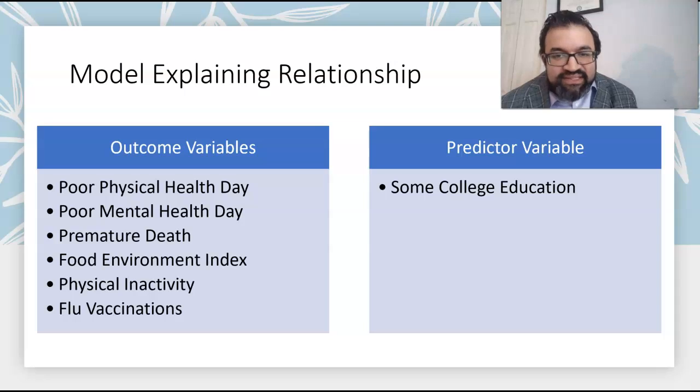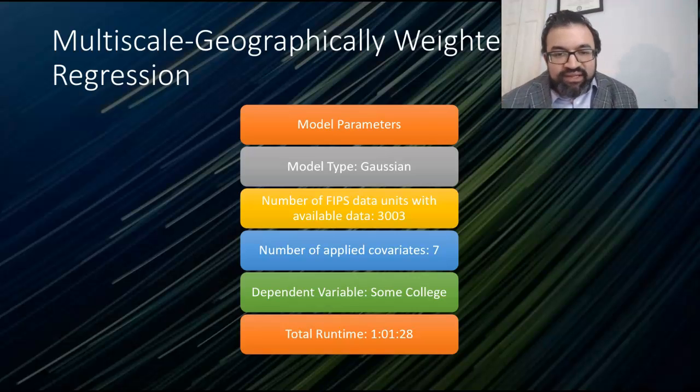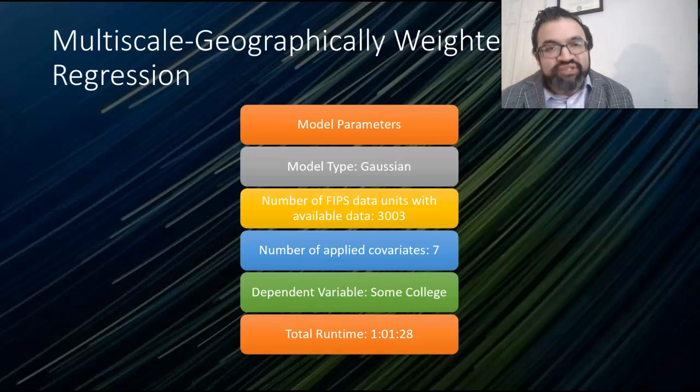But let's take it from the outcome variables to one education predictor variable. What are the parameters of the model? It's important not to only look at the outcome and the findings of the model, but also to look at the gestalt, the whole picture. What is in the parameter? It's a Gaussian distribution, normal distribution curve, which is most common.